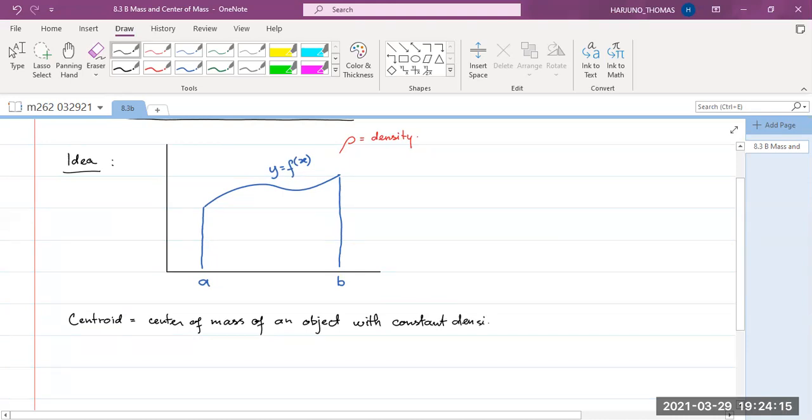In other words, the density is uniform at any point of that lamina.